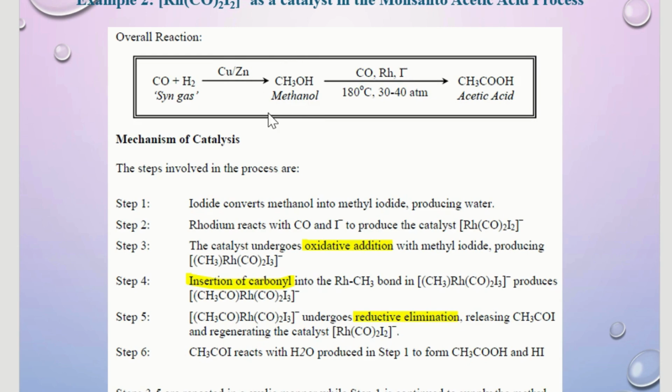The first step is to produce methanol from the syngas mixture. After the methanol is produced, it reacts with the rhodium CO compound catalyst and iodide at certain conditions to produce acetic acid.